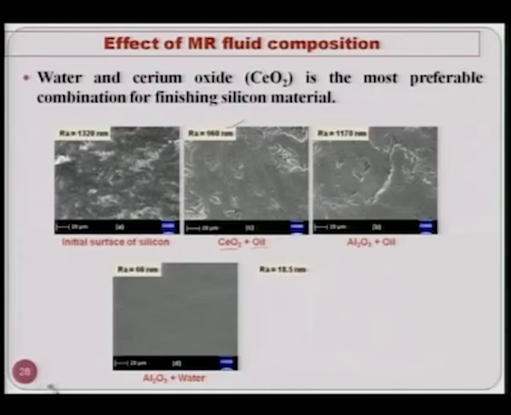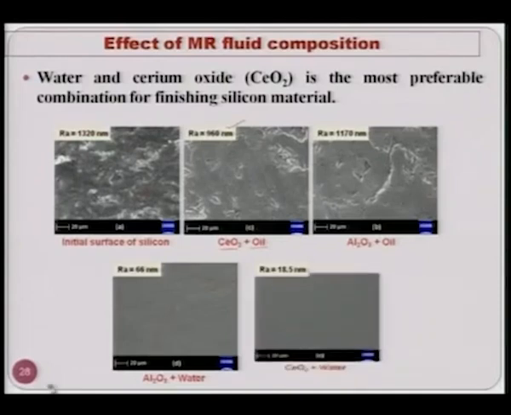So, you can calculate by what percentage the surface roughness has reduced, and you can clearly see qualitative difference in the initial surface over here and the surface obtained after a certain period of time, and you can see a deep scratch is there in this particular case, which is not desirable.